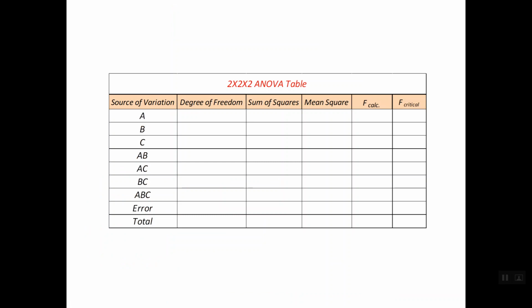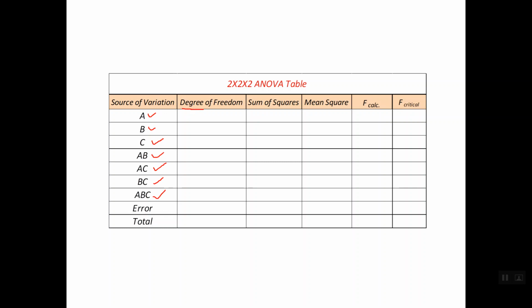This is the table for the 3-way ANOVA. For the source of variation, we have 3 main factors: factor A, factor B and factor C, and we have 4 interactions between these three factors. We have between A and B, between A and C, between B and C, and between all of the factors.